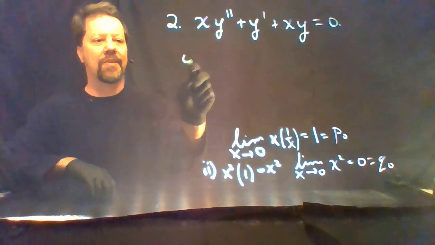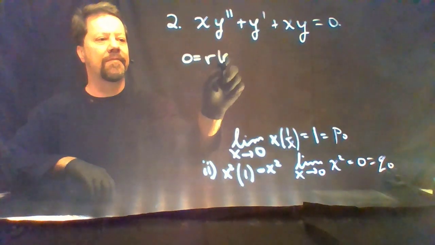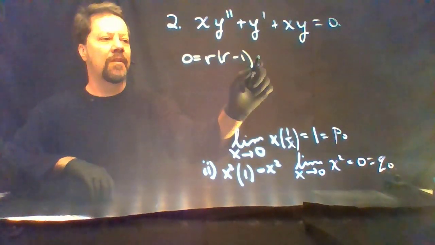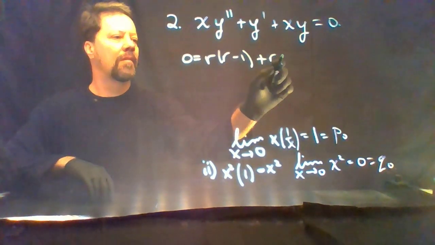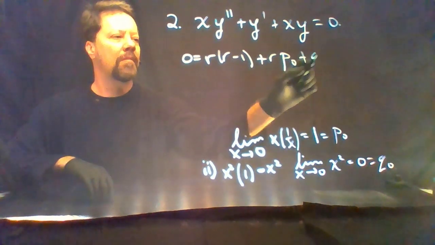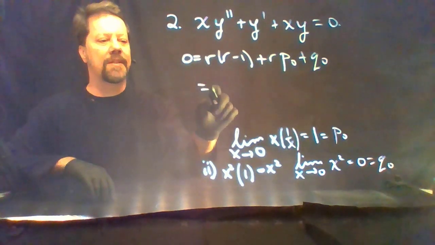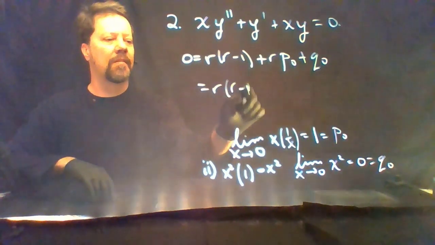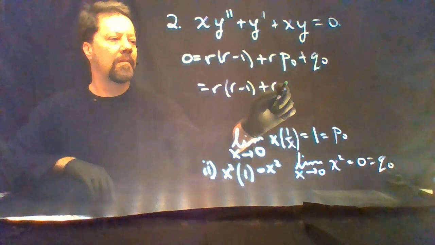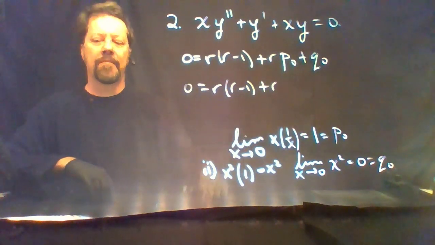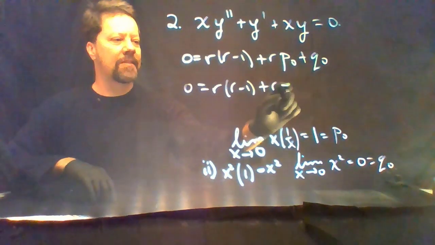We now need to solve the characteristic equation, which had this form. In this particular instance, we have only this.